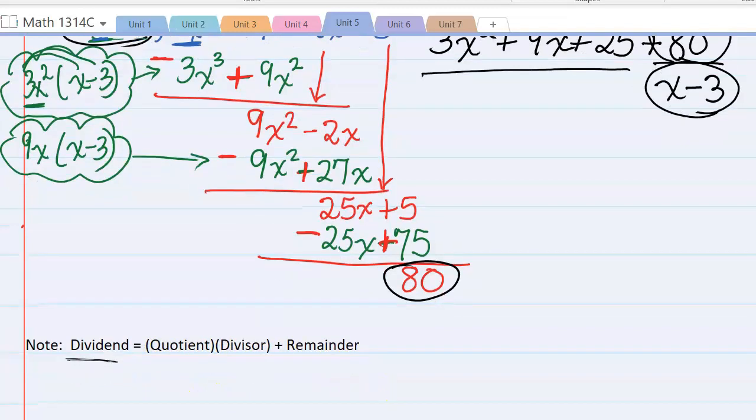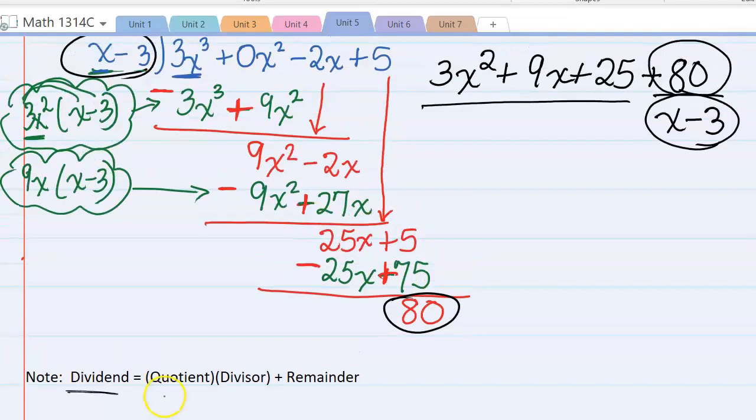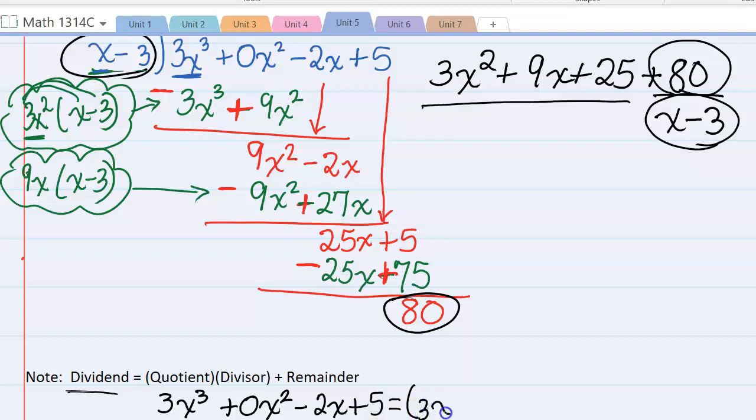So in other words, our dividend, which was 3x cubed plus 0x squared, we don't have to write that, but I did, minus 2x plus 5, is the same thing you would have gotten if you would have multiplied 3x squared plus 9x plus 25 times x minus 3, that's our divisor, plus our remainder of 80.